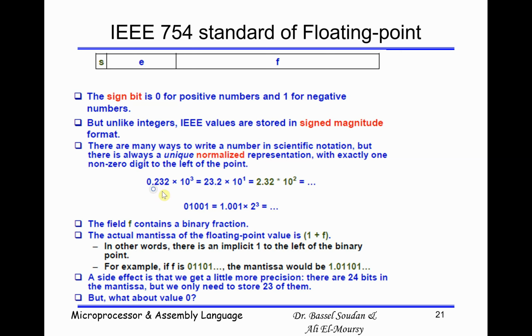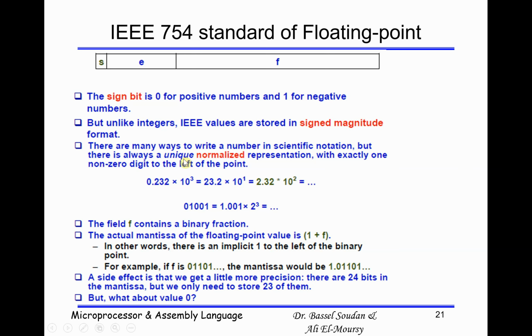So the number 232 should be written as 0.232 multiplied by 10 to the power 3. Remember that I will only store in the mantissa this part, and the exponent here, after the processing.